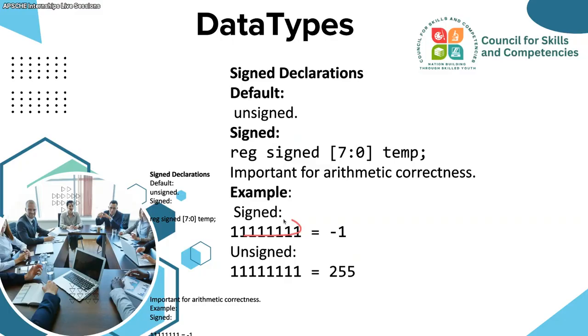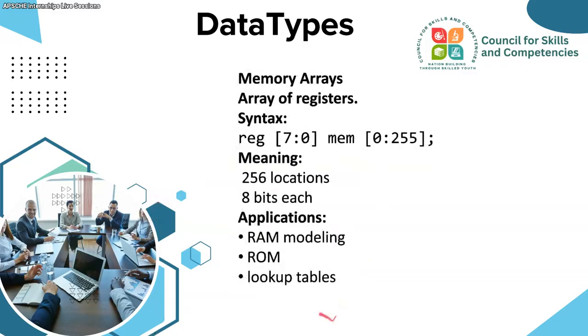Then we take it as 2's complement. So 2's complement means all will become 0, and if we add 1, all 0 plus 1, it becomes 1. And since it is negative, it becomes -1. And for unsigned, the MSB is not for the sign, the total is used for the value, so you will get 255. So we have to be careful with these things.